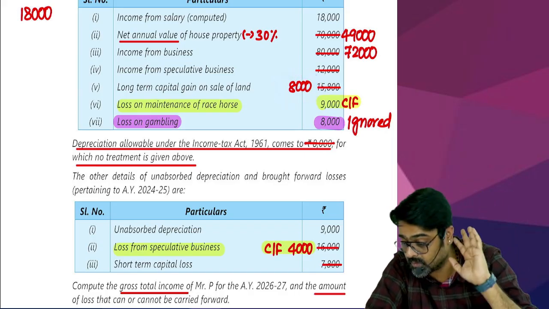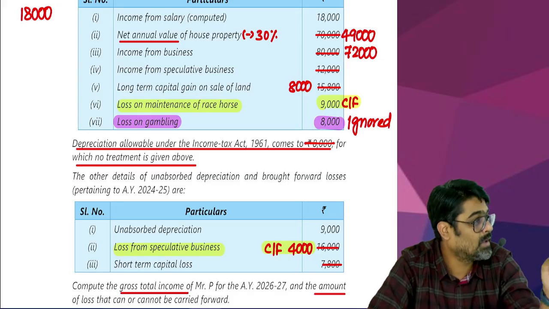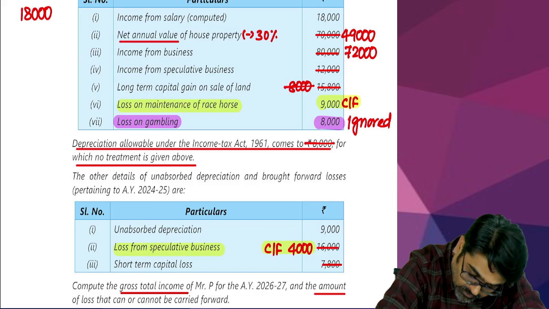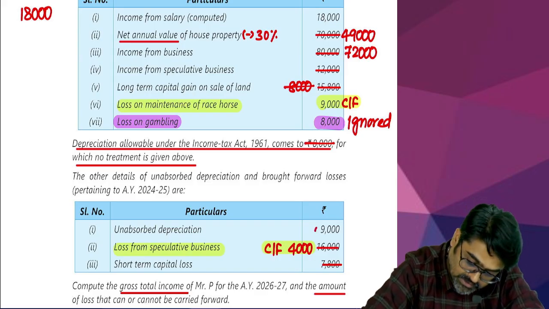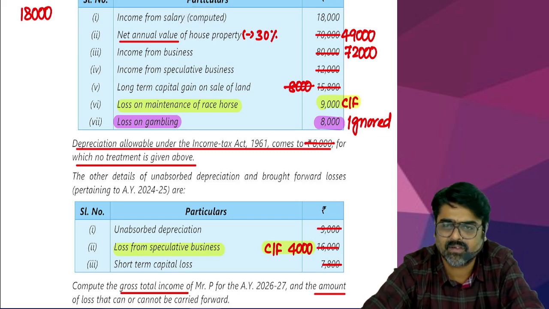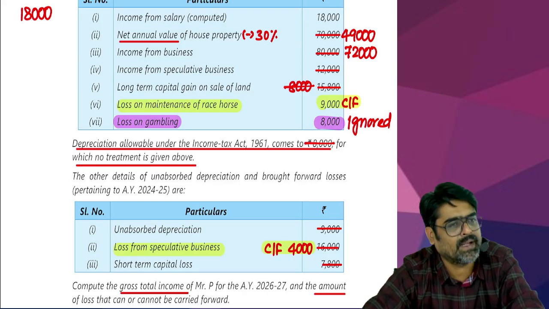Given an option, from where would you like to adjust first? Absolutely. Long-term capital gain. So reduce that. Long-term capital gain 8,000. Now how much still remains? 1,000. That 1,000 will be adjusted from any income. You can adjust from business income also. You can adjust from house property income also.